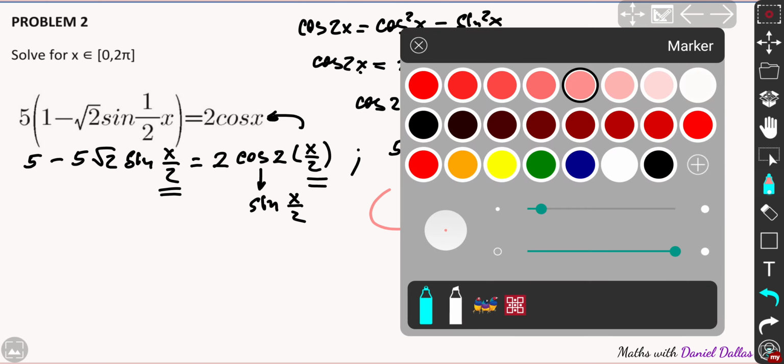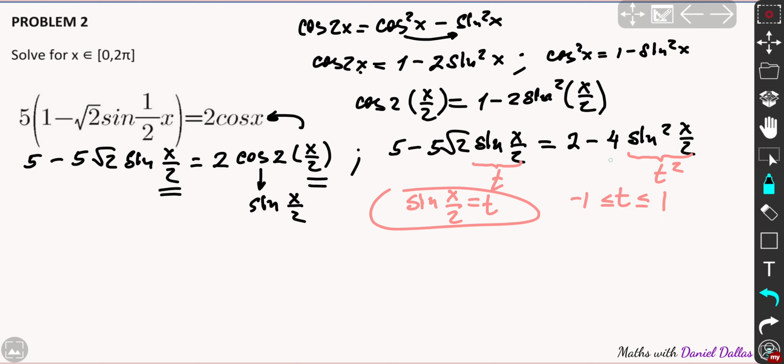Okay, so now let's get back to the equation, plug in t values and also rearrange so as to have quadratic form. So the quadratic form is going to be: I transfer 4t squared to the left hand side, so I'll get 4t squared.